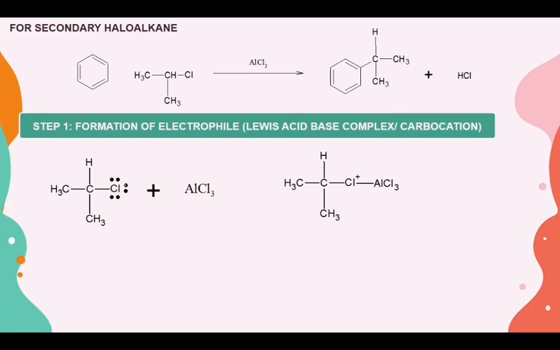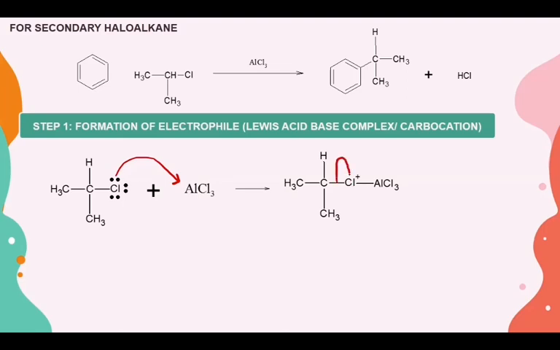Same as the previous mechanism, the lone pair will attack the AlCl3, and we will have this Lewis acid-base complex. You just copy back your haloalkane that is attached to AlCl3, and this ion is unstable.